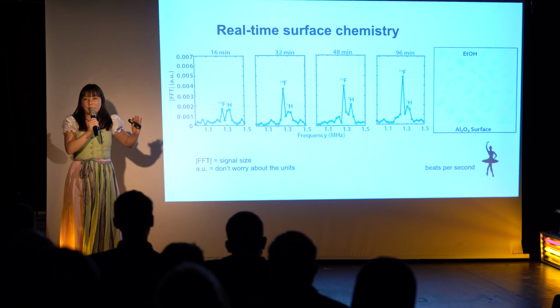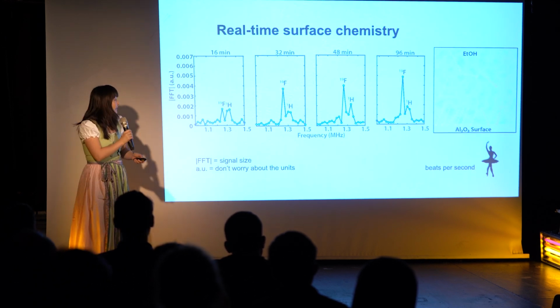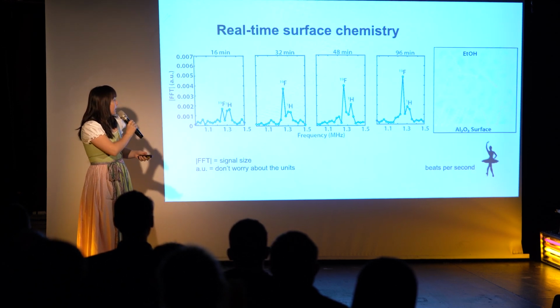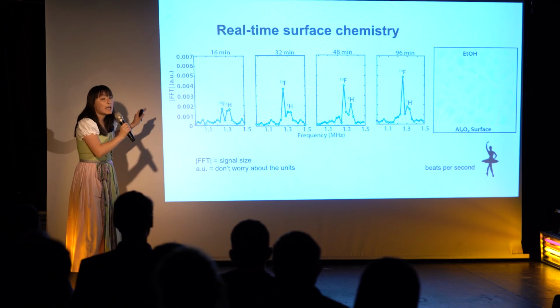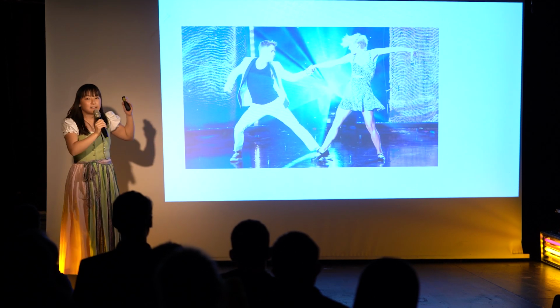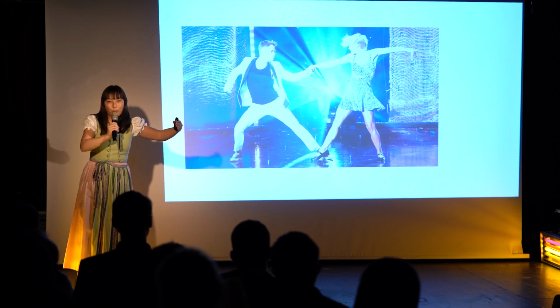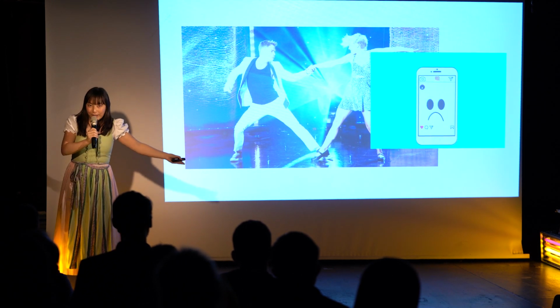And we use arbitrary units for the signal size, which means don't worry about the units. So we can see this chemistry happening in real time. It's like being on the dance floor when the dancing happens instead of seeing it on Instagram.